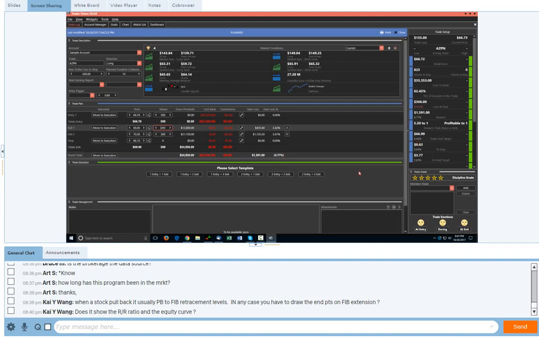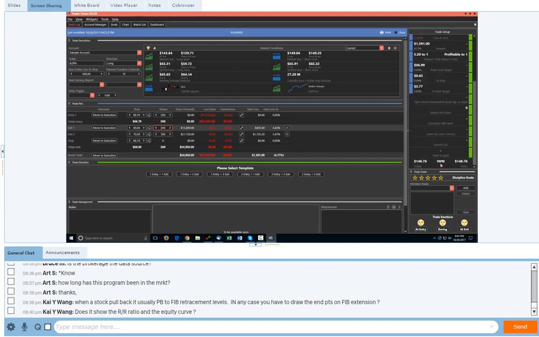The equity curve is under the performance review, and yes, I'm not sure if I'll have time to get to that tonight, but I can certainly show it to you offline or whatever. But it does show your equity curve, as well as in relation to what your account is up against. So I specified IWM, or the small caps, is what I want to compare myself to.